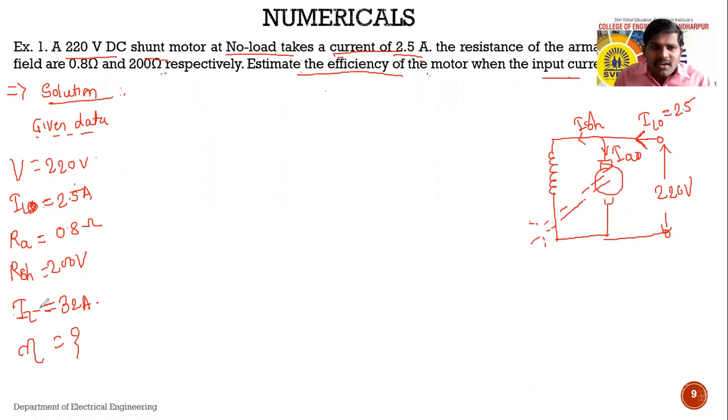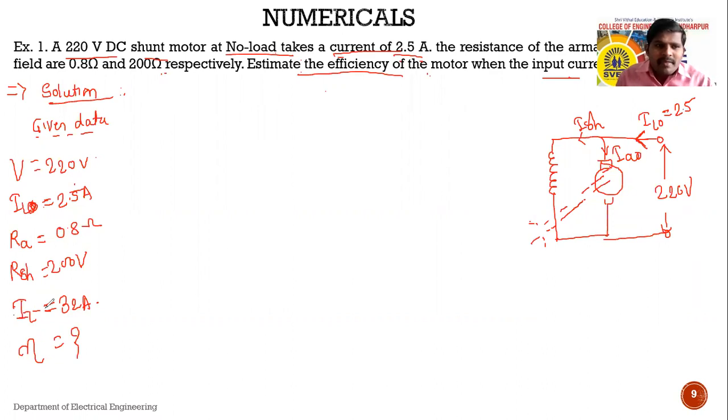So here no load current is given, armature resistance is given, shunt field winding resistance is given, and we want to calculate the efficiency when the current taken from the supply is equal to 32 ampere. When the motor takes 32 ampere current, at that situation we want to calculate the efficiency, right?